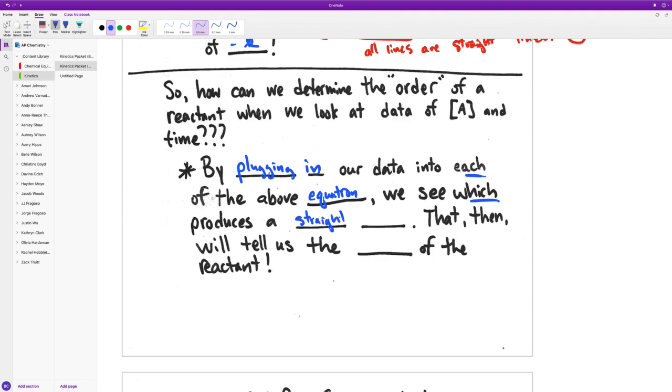Which of them produce a line? That then will tell us the order of the reactant. Okay, so example problem, very quickly, and then we're done.